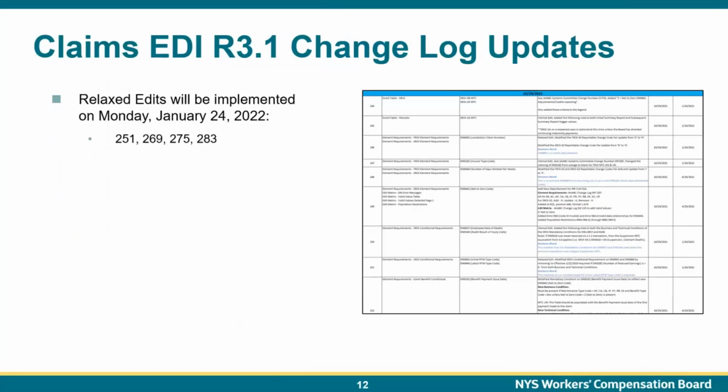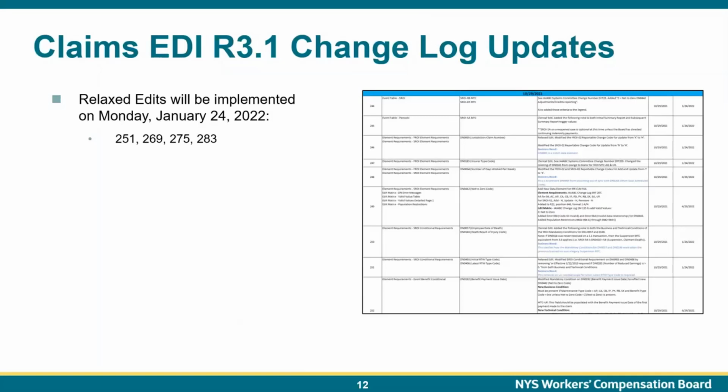The following relaxed edits, changelog items 251, 269, 275, and 285 are ones to be implemented on January 24th, 2022. We'll start off with changelog item 251. Changelog item 251 did relax the Schroy conditional requirement on initial return to work type code and latest return to work type code.